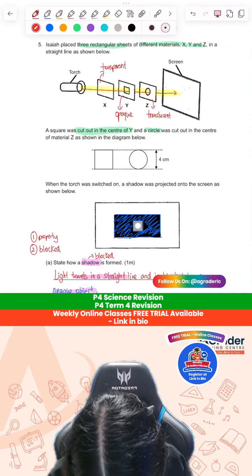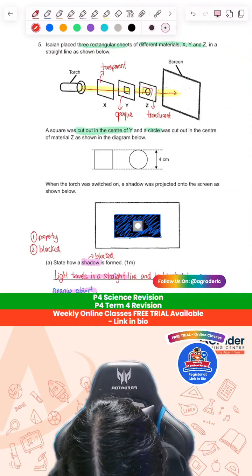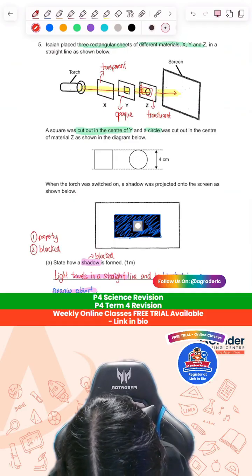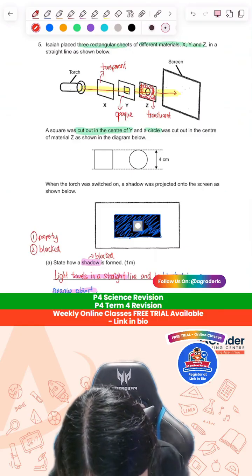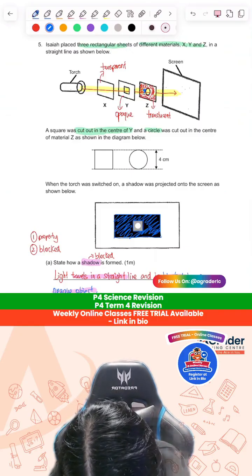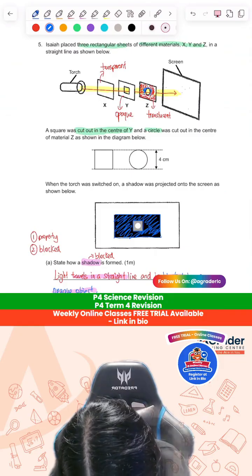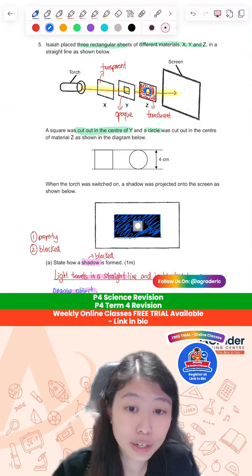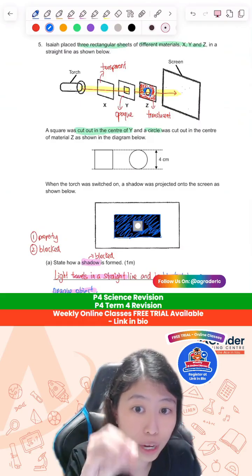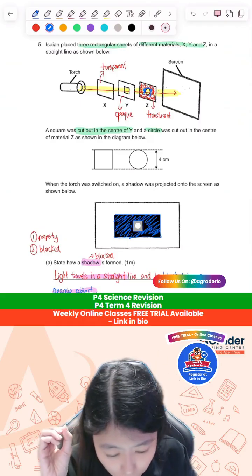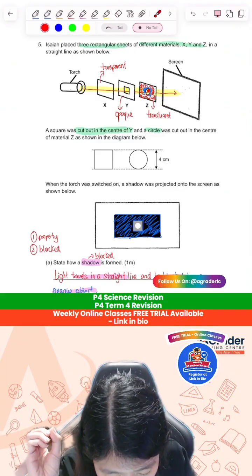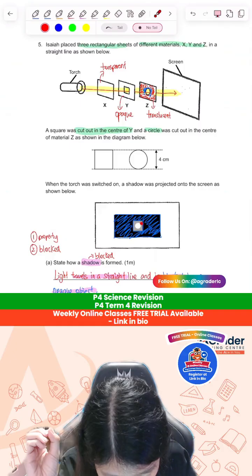When the shadow of Y is cast on Z, you see here, this is the shadow of Y, right? It shines on Z, but there's still this blue color part that light can shine on. Then Z actually blocks some of the light at the blue color section over here, the grayish part.